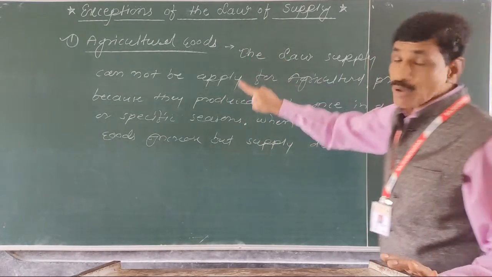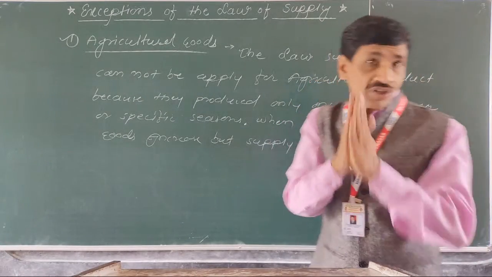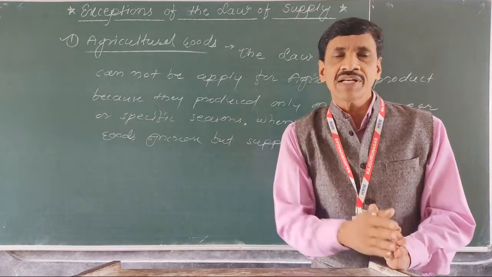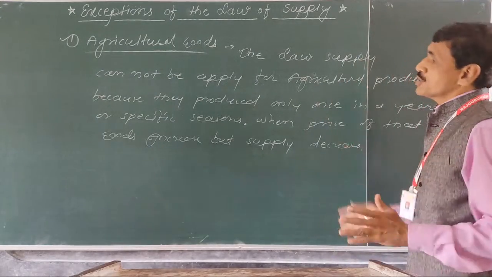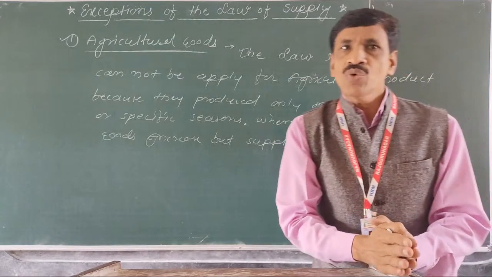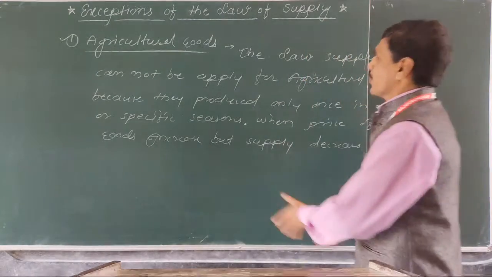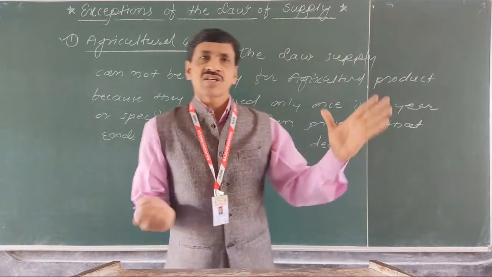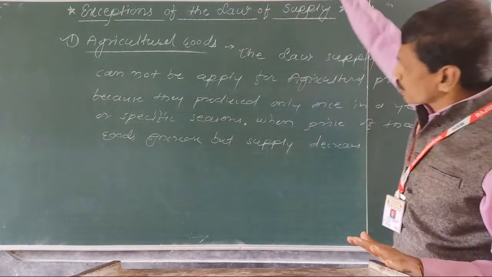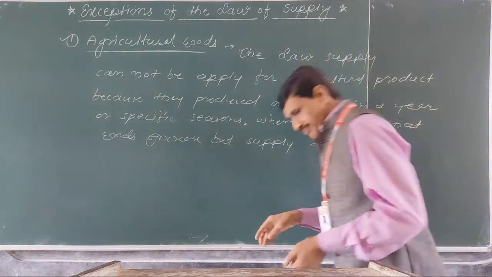Agricultural production depends upon climatic condition, meaning weather condition or natural condition. Is that clear? It means when price rises, supply cannot rise, because the supply of agricultural products depends upon the weather condition or natural condition.